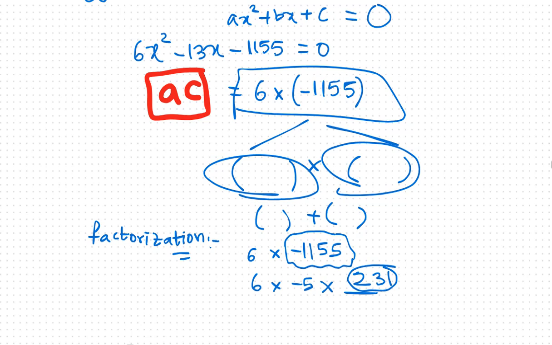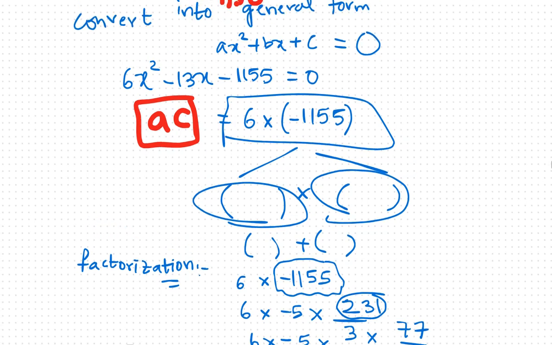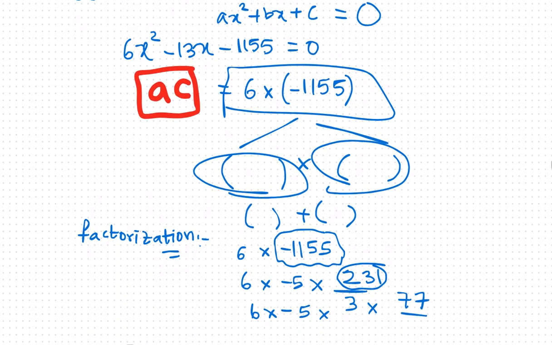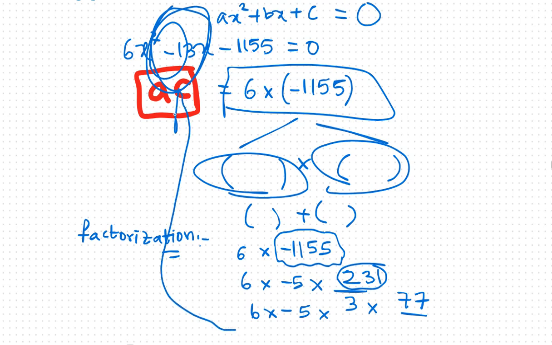231 divided by 3, right? So 3 times what is it? 77. So 6 into negative 5 into 3 into 77. So how can you get 13 in the middle?